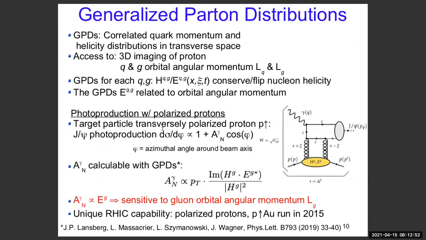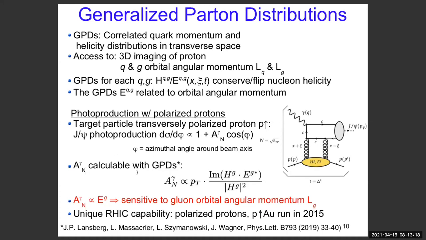Now, in production with polarized protons, shown in this diagram here, again we access gluon content through J-psi production. And there is a possible azimuthal asymmetry of the production of the J-psi around the axis perpendicular to the beam. The axis is set by the proton polarization direction.